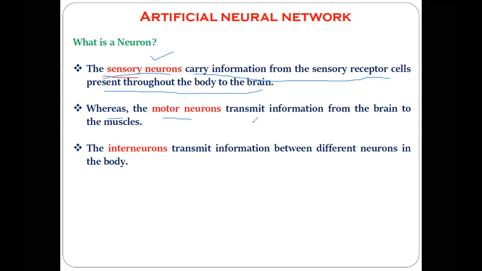Whereas the motor neurons transmit the information from the brain to the muscles. So this one is responsible from muscles to the brain, and this one is responsible from brain to the muscles. Can anybody give me an example of when the sensory neurons work and when the motor neurons work? Let me give an example.